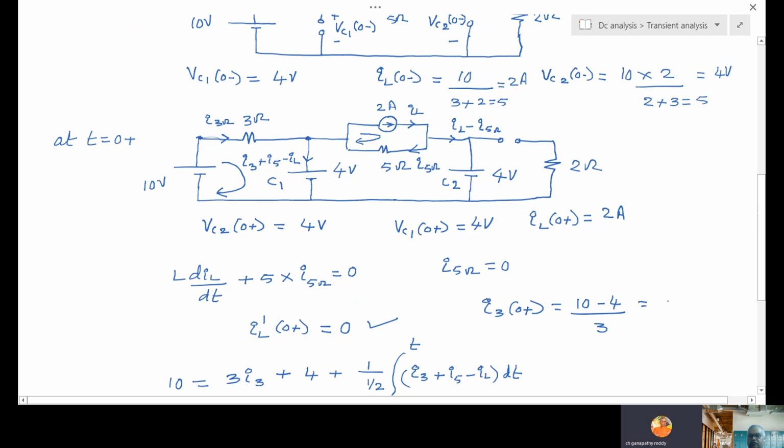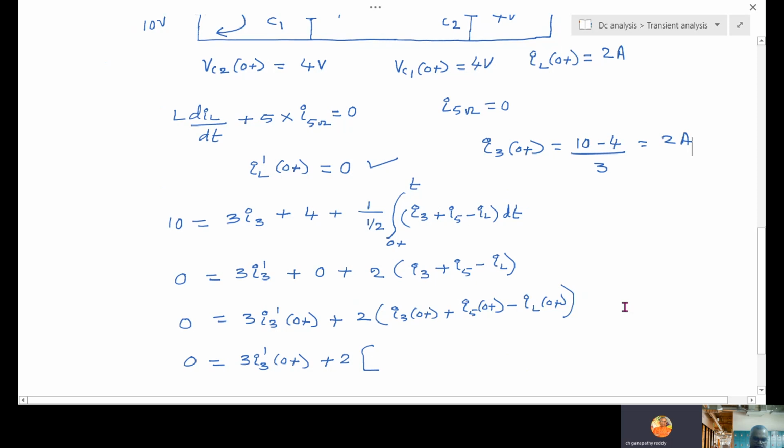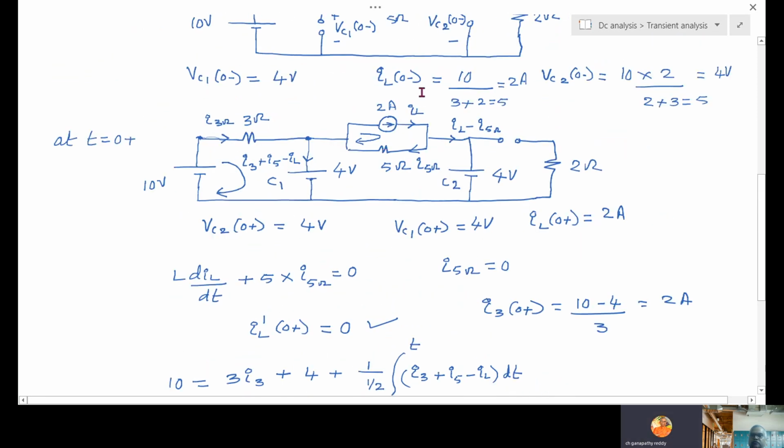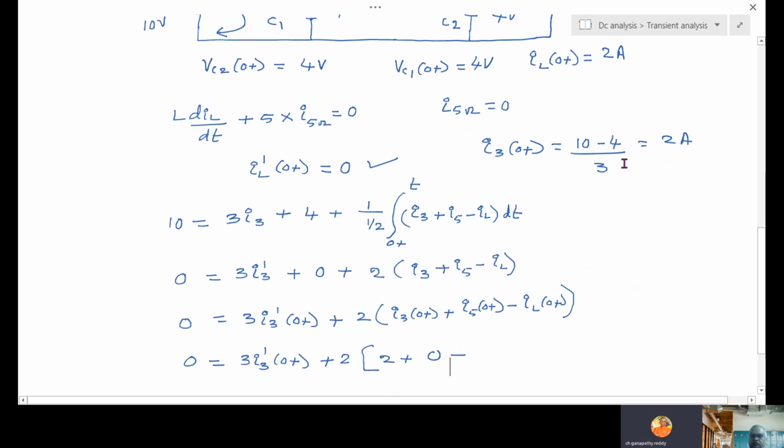So 6 by 3 is 2 amps. So I3 0 plus is 2. Then I5 0 plus already done 0. IL 0 plus is 2.